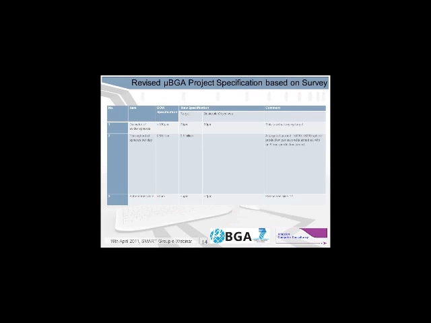The revised project specification, based on the survey, came up with about a dozen things that we needed to look at.